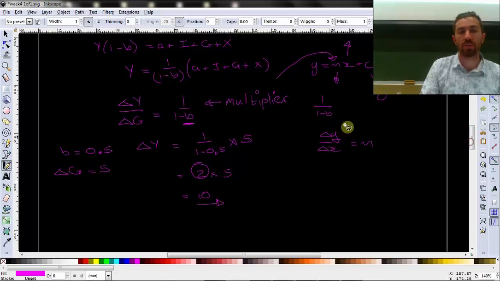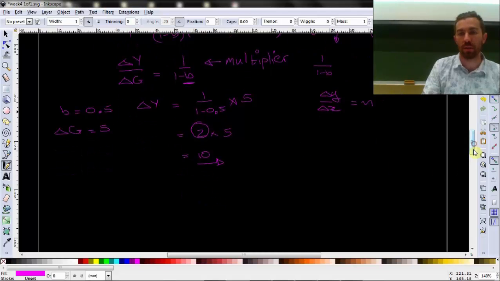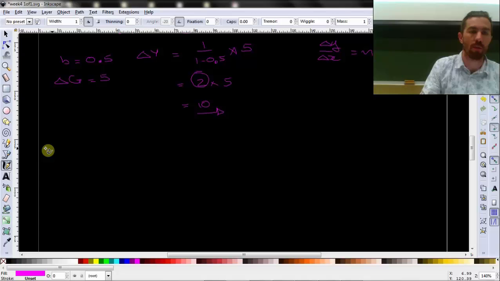Okay, so this is our multiplier, 1 over 1 minus b. Except we can make our multiplier far more complicated.